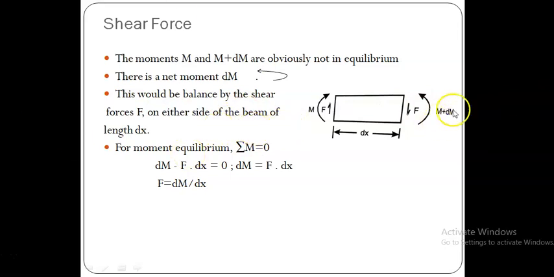So for moment equilibrium, sigma M equal to 0 gives dM minus F into dx equal to 0, or dM is equal to F into dx, therefore F is equal to dM by dx. Like that we can find the shear. The difference of moments at different locations with respect to distance is called shear force.